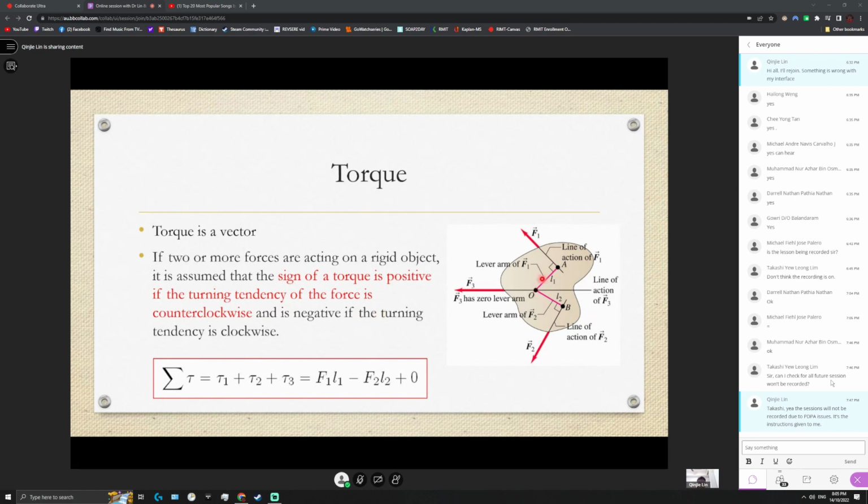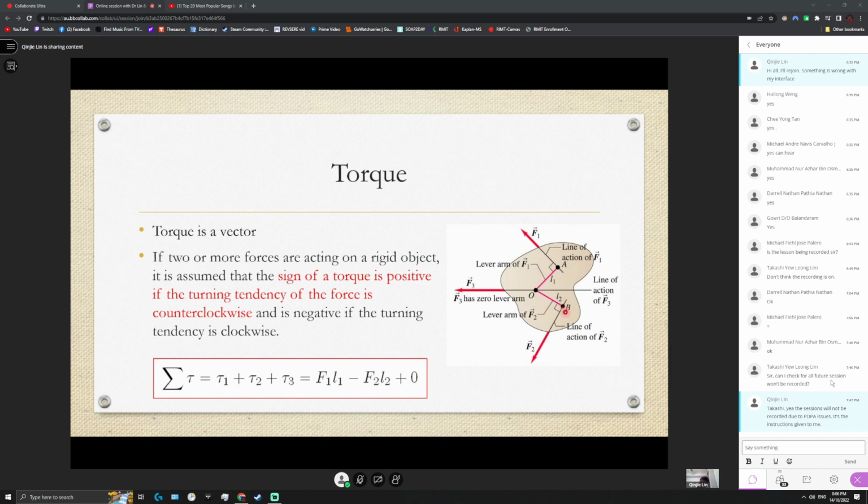At point O, this is the rotation pivot. For point A, if you apply a force F, trying to pull it somewhere to the top left, because this is counterclockwise, can you see that it's bringing a counterclockwise motion? This will be considered as positive torque. So this F1 multiplied by L1 will be considered a positive torque.